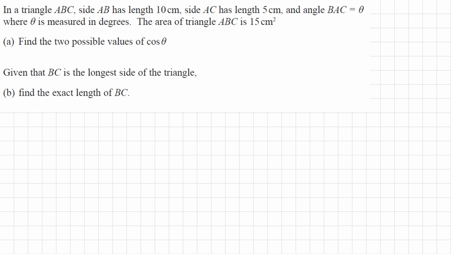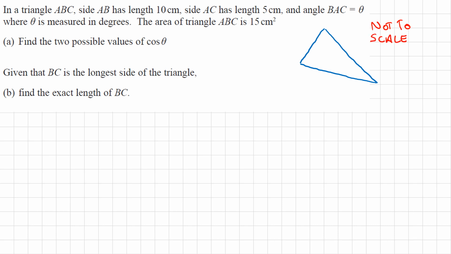So it's always useful to draw some sort of sketch so we get a rough idea of what this looks like. But beware, this is not to scale. So don't look at my diagram and think to yourself, it's a right angled triangle or it's an isosceles triangle.